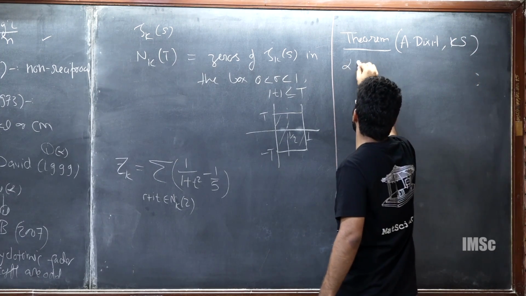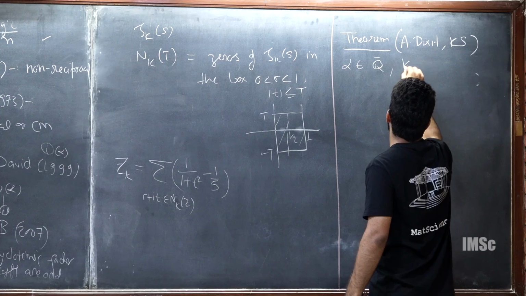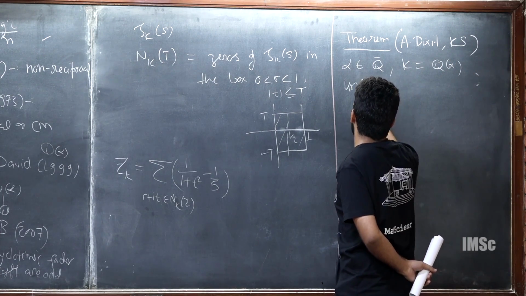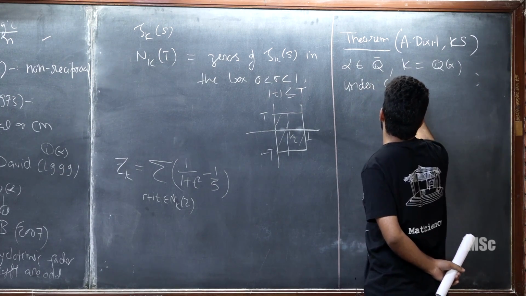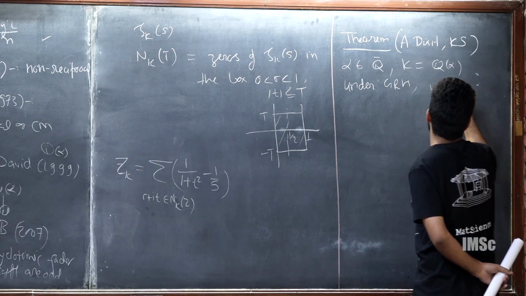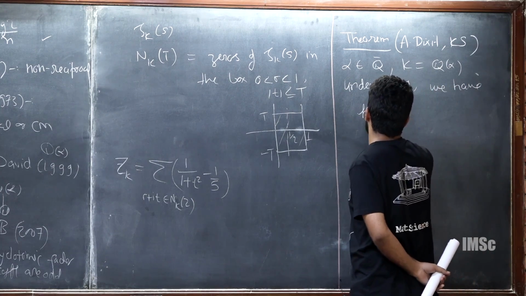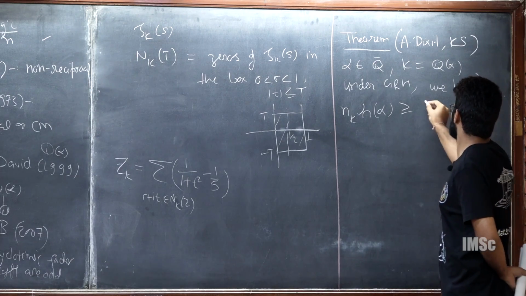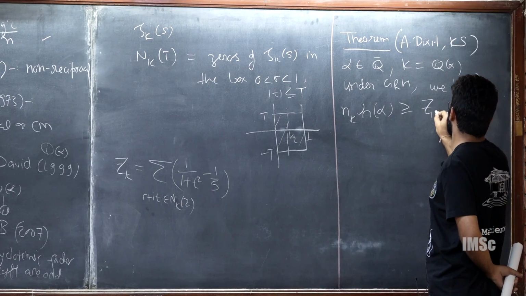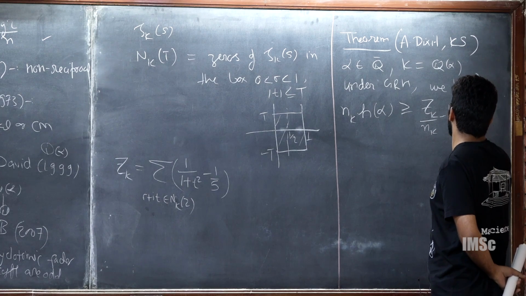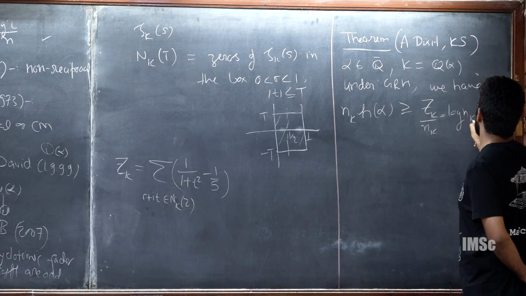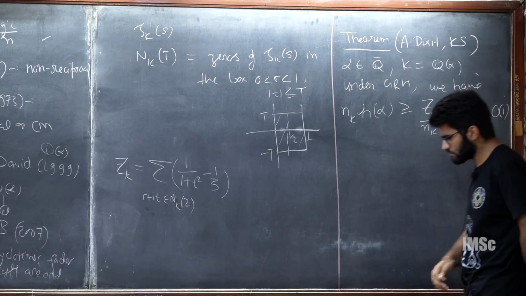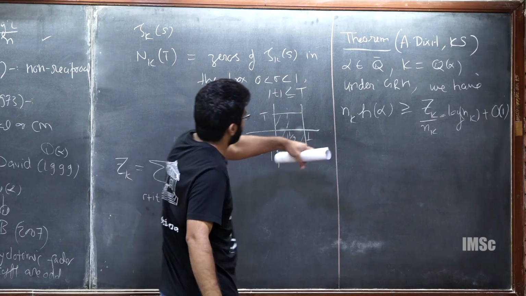For alpha in Q bar and K equal to Q(alpha), under GRH, we have that the height of alpha times the degree is bounded below by Z_k by N_k, minus log of the degree, plus some error term, which is an absolute constant, meaning it doesn't depend on which alpha I am choosing.